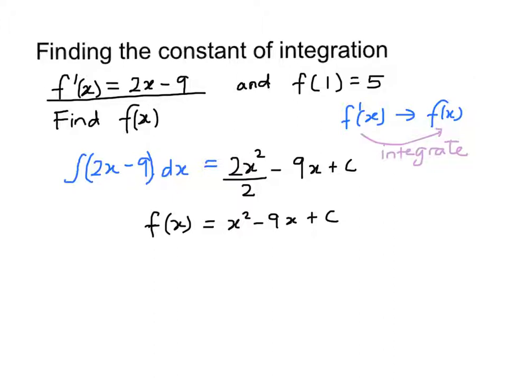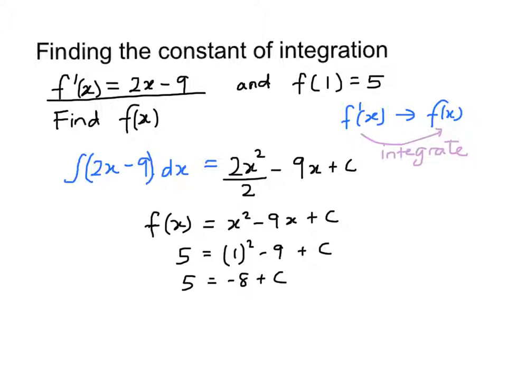Now I know when x is 1, I have an answer of 5. So let's put x is 1 in. So 5 equals 1 squared minus 9 times 1 is 9 plus c. So 5 equals 1 minus 9 is negative 8 plus c.